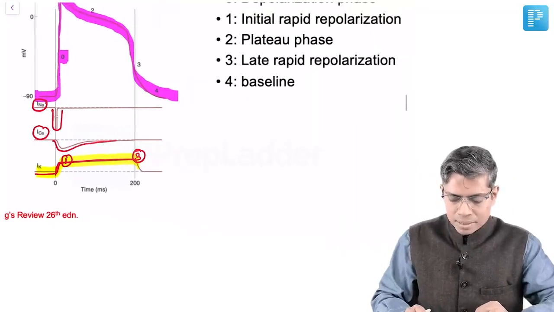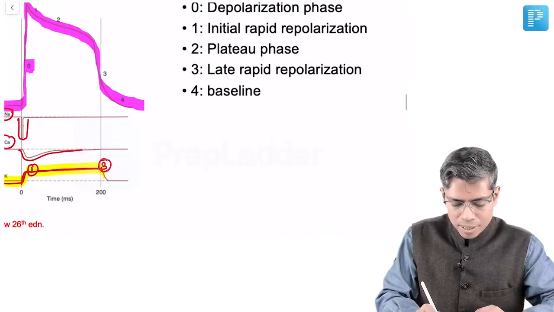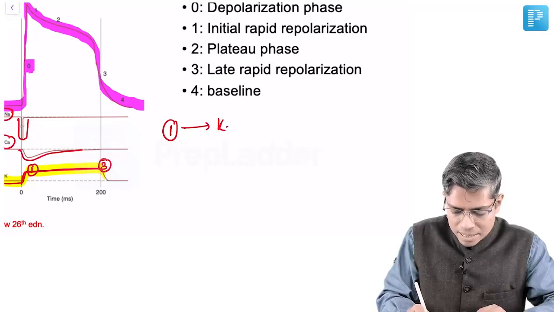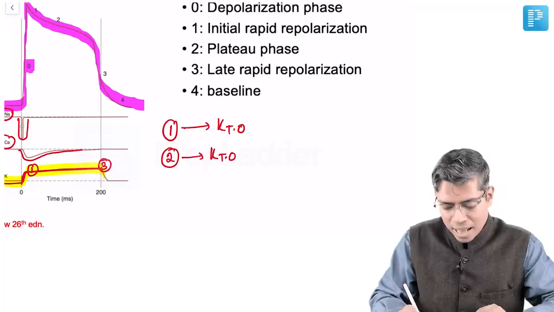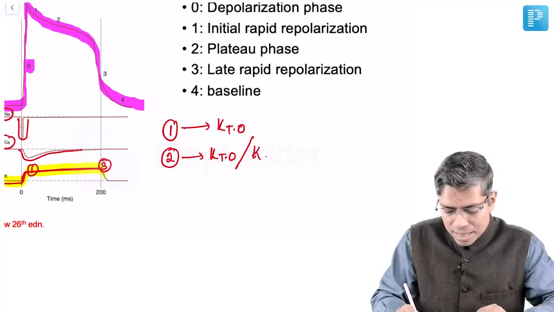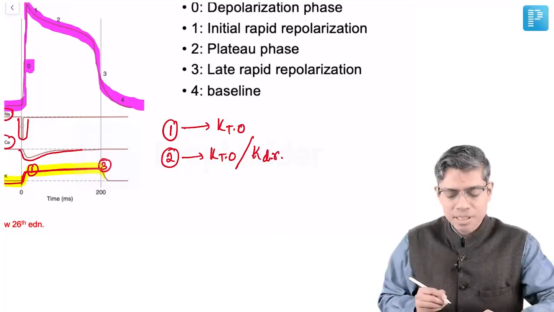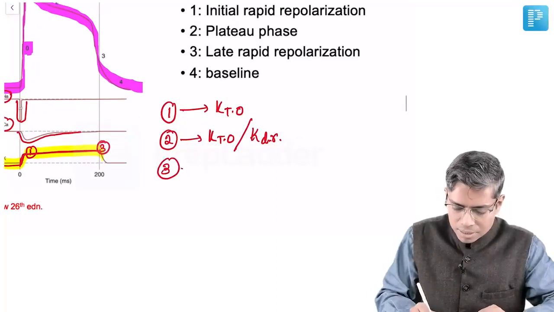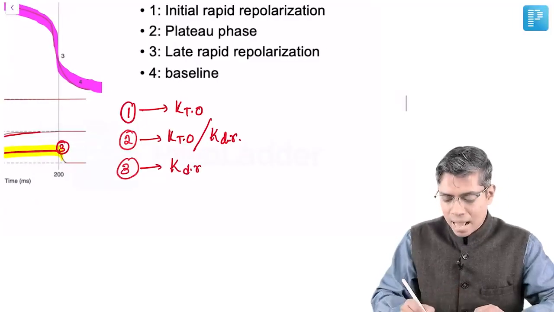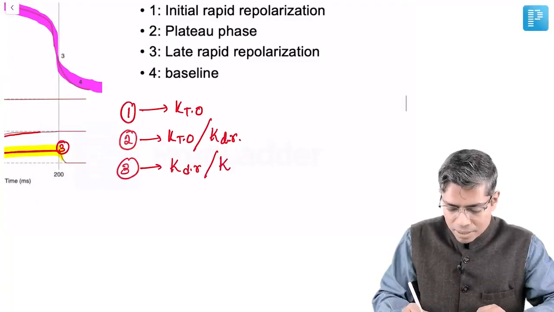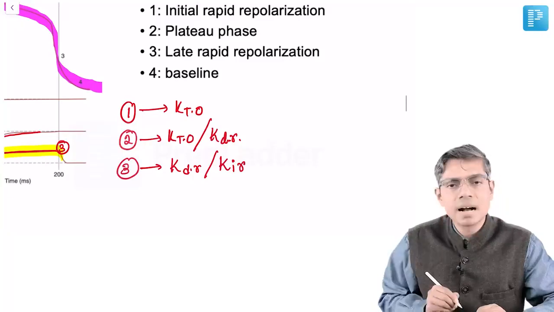And I told you that phase number 1 means what potassium channel? KTO type of potassium channel. Phase number 2, I told you that KTO type of channel is there, as well as there is delayed rectifier type of potassium channel. And phase number 3, these channels will be present, that is delayed rectifier channels will be present, as well as there is another variety of potassium channel, that is KIR.